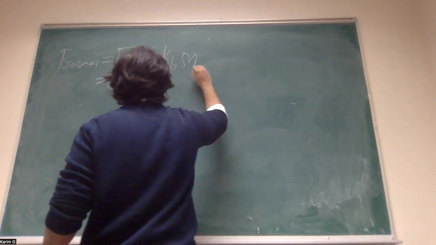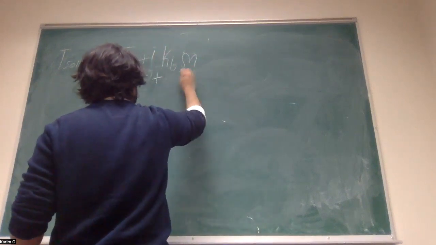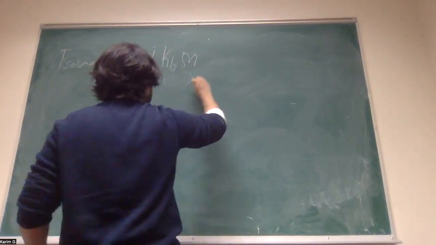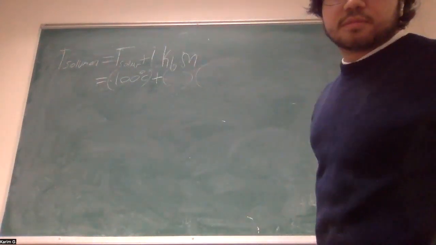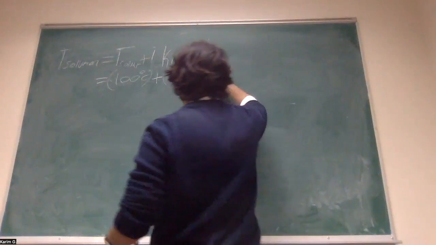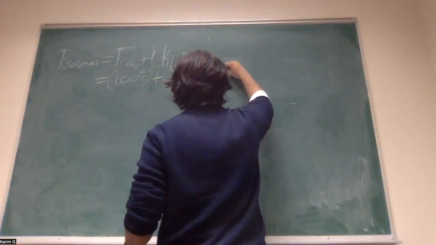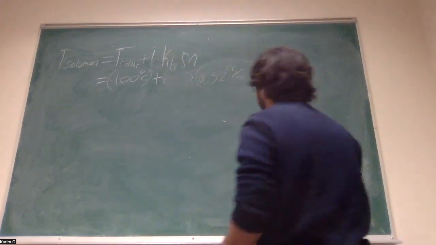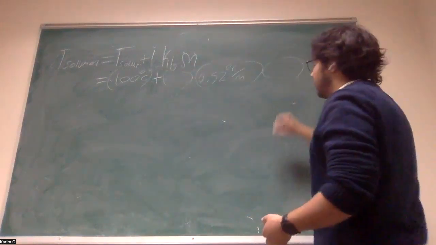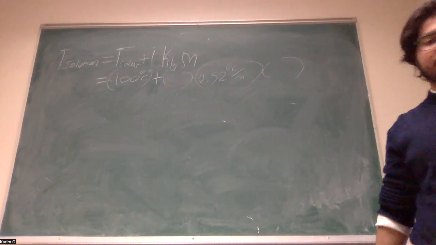Right. Okay. So it'll be our i, which I'll leave empty. Our Kb, which is 0.52, right? Okay. And then molality will depend on whatever they give us, right?